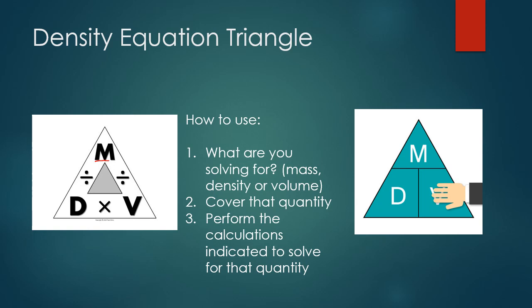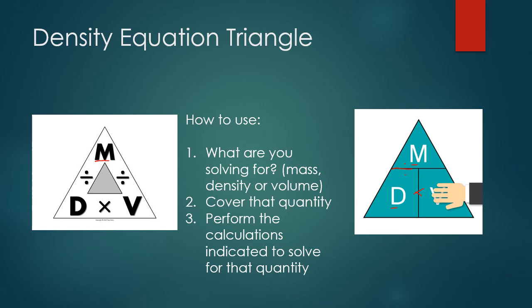Then I'm going to perform the necessary calculations indicated by the triangle. Just like when we're doing conversions, a horizontal line means divide. Vertical lines mean multiply. So if I cover the V, the triangle tells me I need to take the mass and divide it by the density to solve for volume.